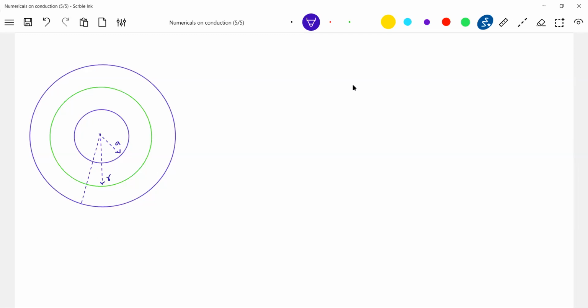This is A, this is R, this is B. I want this T. So what I am going to assume is the same material, just I'm splitting up color so that you can start thinking. Okay, how to find out the temperature at that particular part.